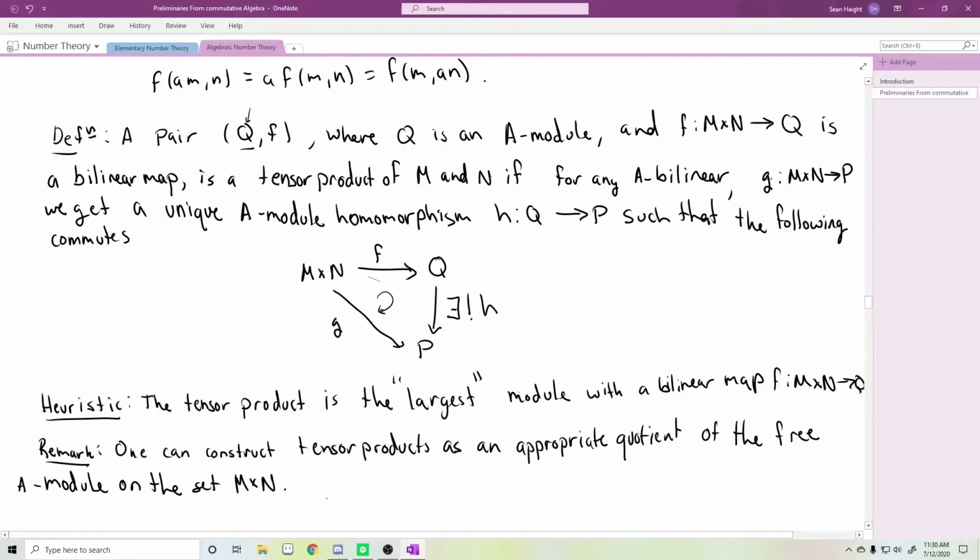Okay, and then once you have the module Q as the quotient of this free module, this is the canonical tensor product construction.